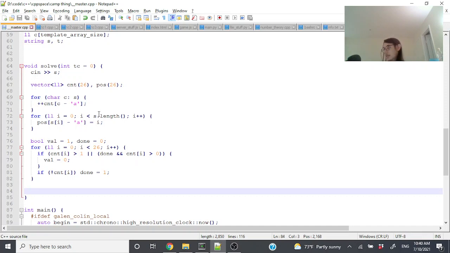Alright, so if count I is greater than 1, if we have more than one of a character, or if we're already done, because we have to have a prefix of the characters, and if we're done and we still have something, yeah.